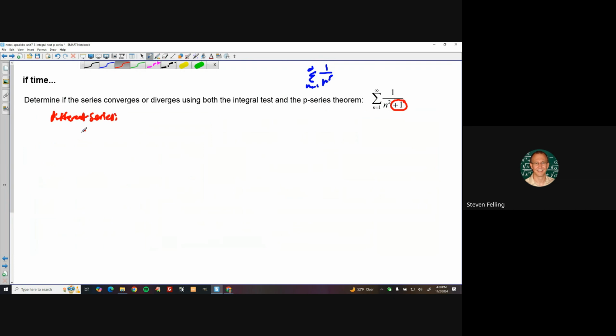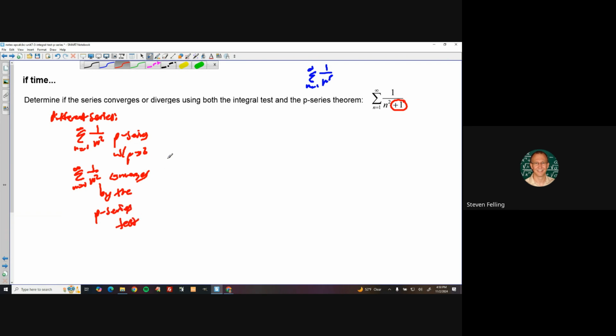That series is going to be similar to the existing series, but we're just going to drop that plus 1, 1 over n squared. Since this one is a p-series with p equals 2, the series n equals 1 to infinity of 1 over n squared converges by the p-series test.